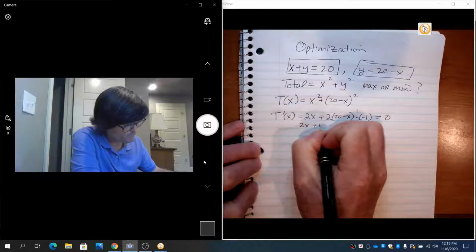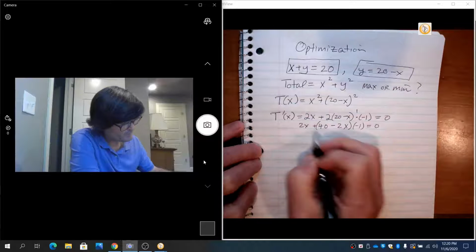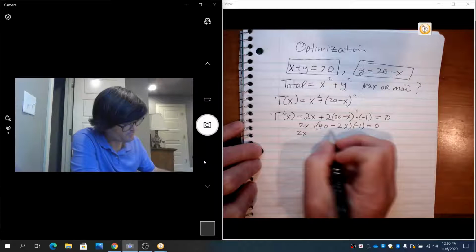So 2x plus 40 minus 2x times -1 equals 0. One more time, 2x, 40 times -1 is minus 40. Minus 2x times -1 is plus 2x. So we've got 2x and 2x is 4x, minus 40 equals 0. So x equals 10. This is a critical point right here, x equals 10.